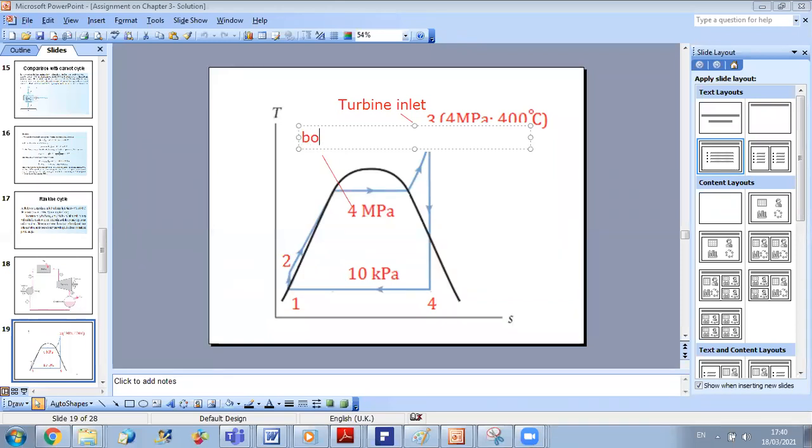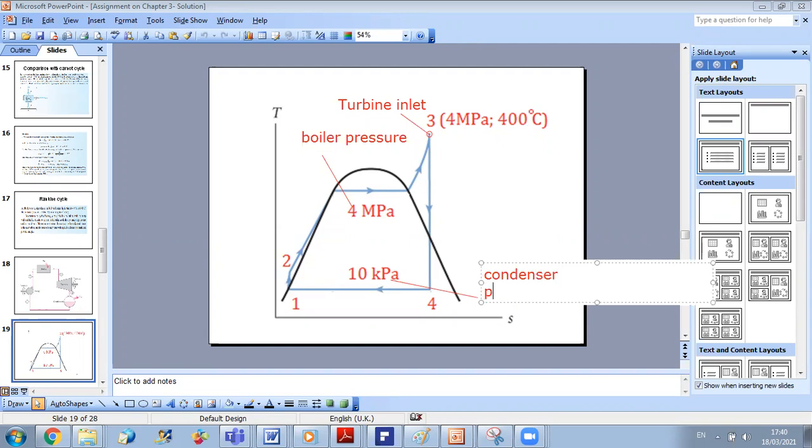So this is boiler pressure, and 10 kilopascal corresponds to the condenser pressure. Now, as you can see here, we will see together that this information is enough to know the characteristics at the different points of our system.